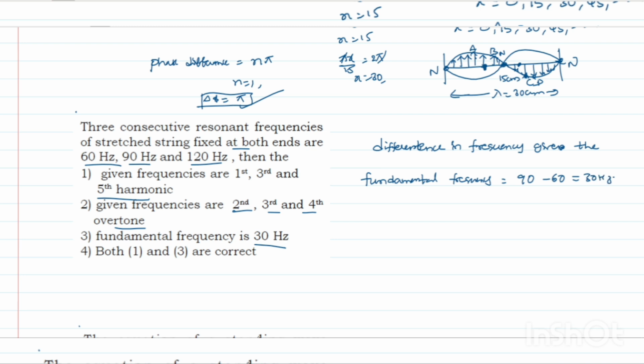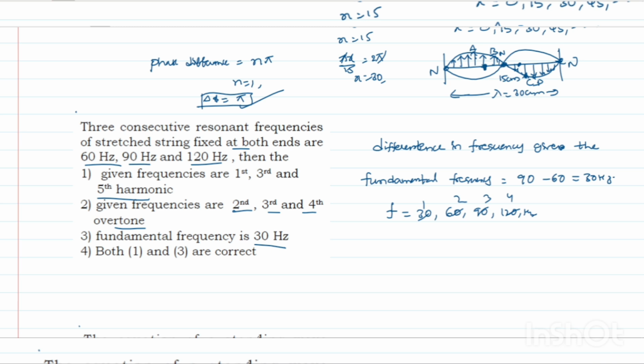So what frequencies are you getting in this sense? Here the frequencies are 30 Hz, next 60 Hz, next 90 Hz, and 120 Hz. So it should be divided by some factor. So you will be getting 1 times, 2 times, 3 times, 4 times the fundamental.